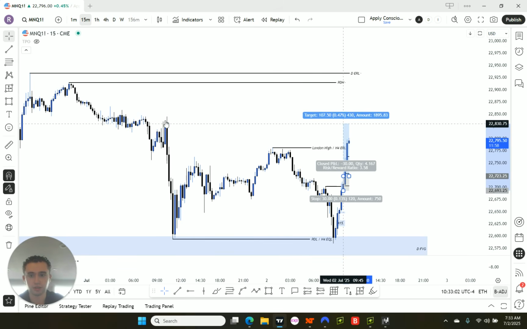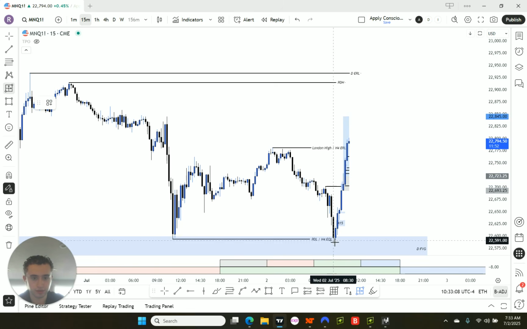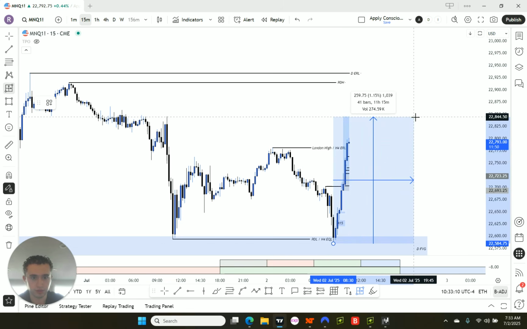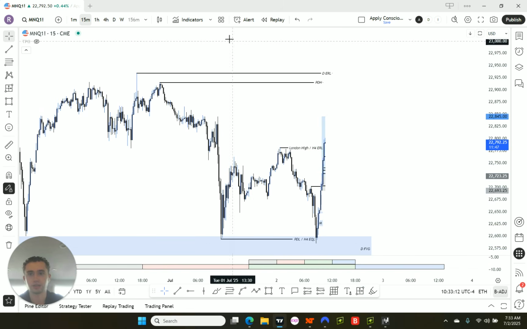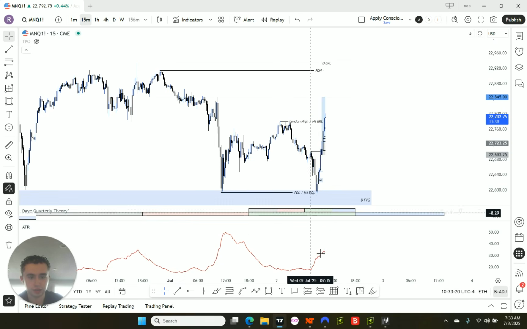Okay, so let's evaluate this from bottom to top. That would be a 260 point move. Can I look at an ATR? Average true range right now is, come on, bruh.